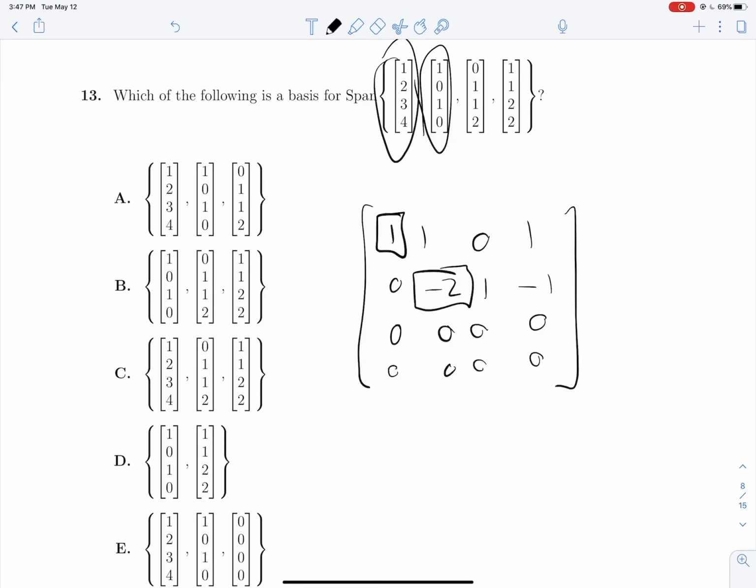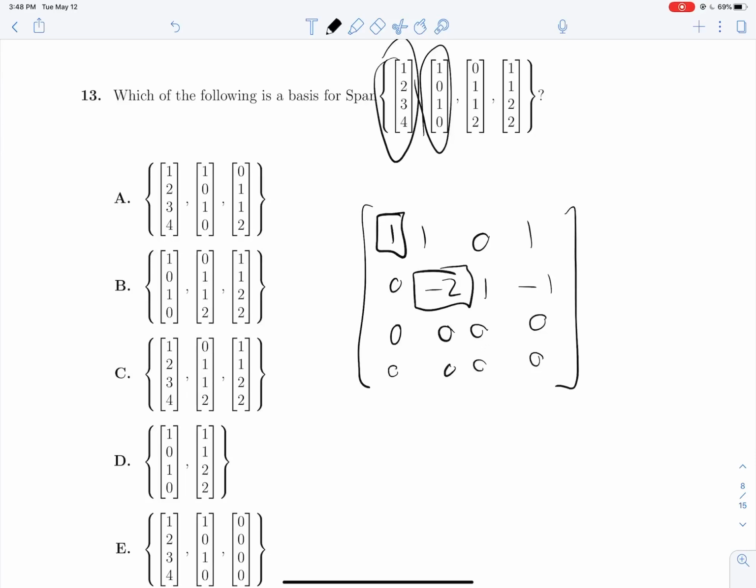So in the end, since we only have 2 pivots, we know that we're looking for an answer choice that has only 2 vectors in it. And since we have 2 pivots here and no pivots here, essentially we're kind of spanning the xy plane in this 4-dimensional space.